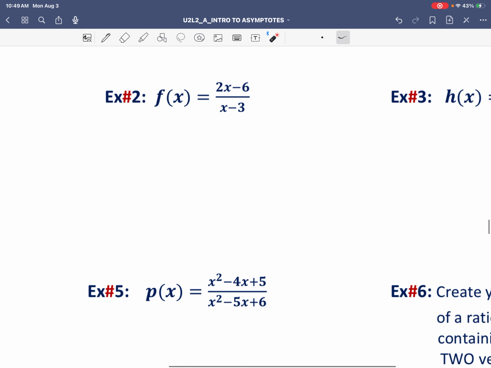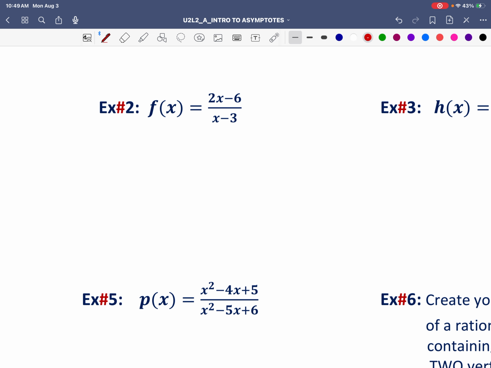Now, in the next example here, we have 2x minus 3 over x minus 6. Why do I have the impression we just did this? That was our example. So we're going to have x minus 3 in here. As you can see, the restriction in this case will be x minus 3 different than 0, or x different than 3.